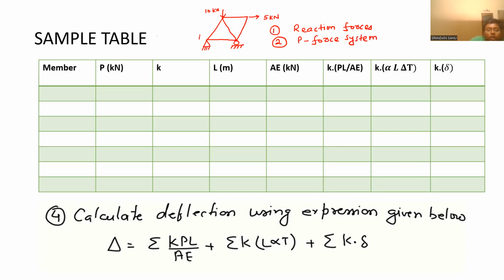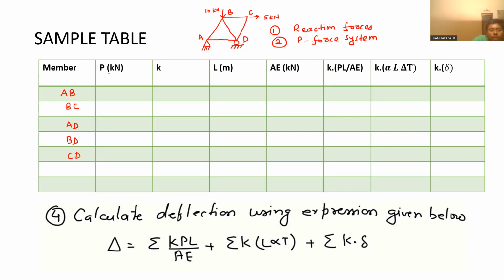After that, you need to calculate all those member forces that we denote by the P force system. So let this joint be A, this joint be B, this joint be C, and this joint be D. So the members are like this. We have member AB, member BC, member AD, member BD, and member CD.